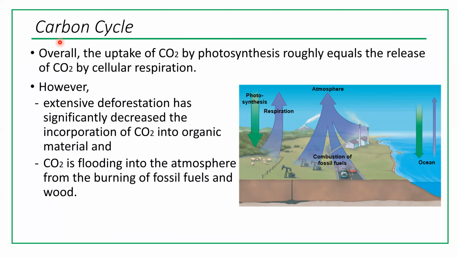Right, so overall, the uptake of carbon dioxide by photosynthesis roughly equals the release of carbon dioxide by cellular respiration. So go in, go out, in and out, that kind of equal. However, extensive deforestation has significantly decreased the incorporation of carbon dioxide into organic material. And carbon dioxide is floating into the atmosphere from the burning of fossil fuels and wood.